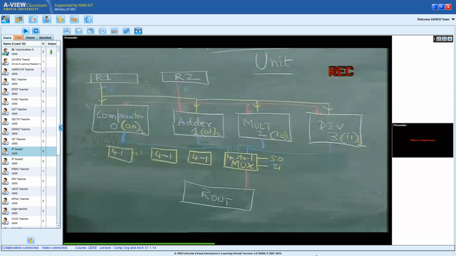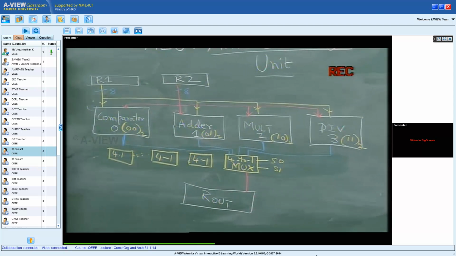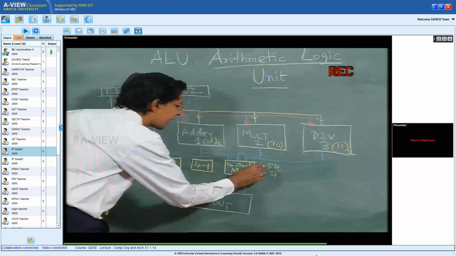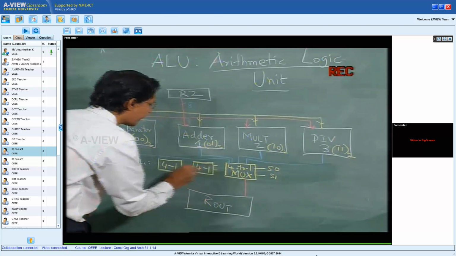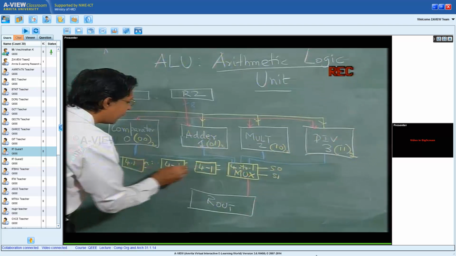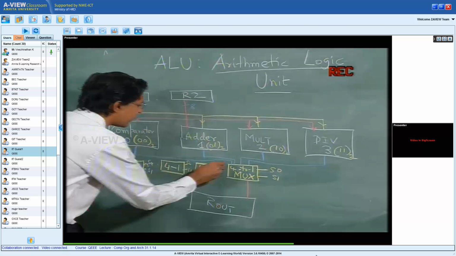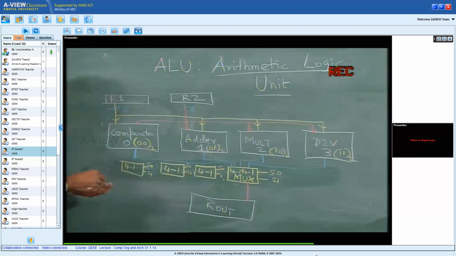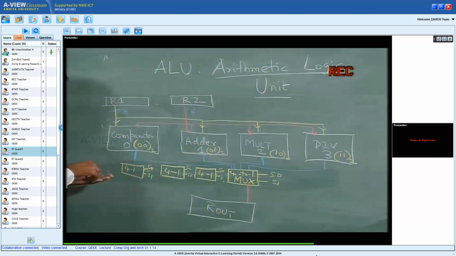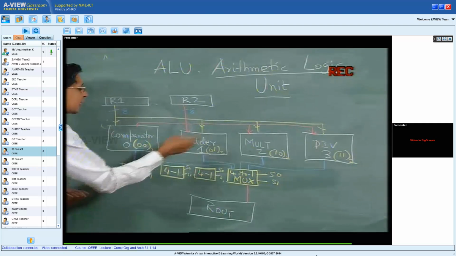I will have 16 4-to-1 mux, and for each of these mux the same select input would be given, namely S0 S1, S0 S1, S0 S1, and to each one of them one of these lines would be connected.